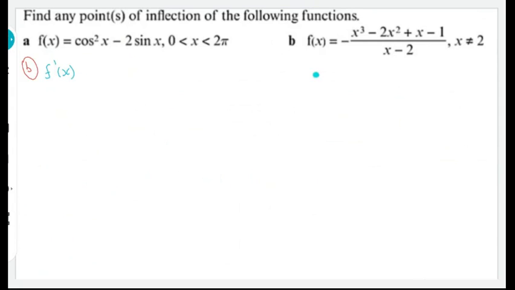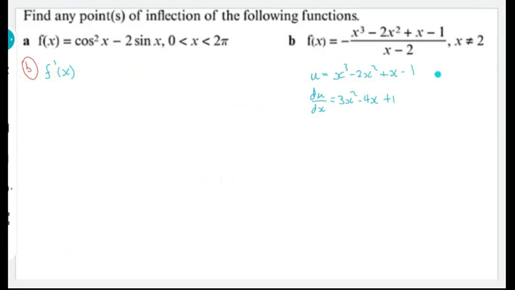So we'd let u be our numerator. So that's x cubed minus 2x squared plus x minus 1. Therefore, du dx is equal to 3x squared minus 4x plus 1, differentiating.